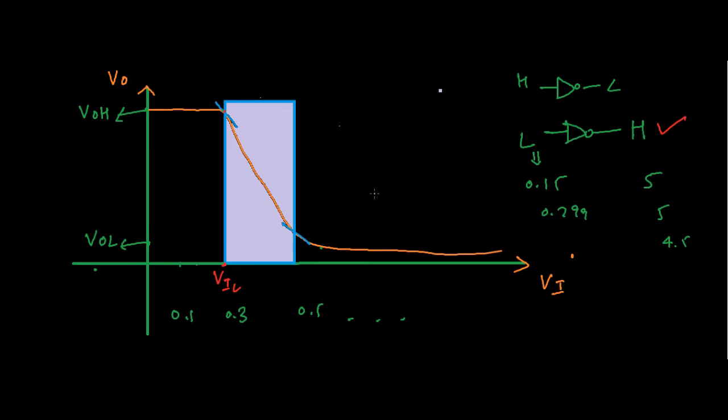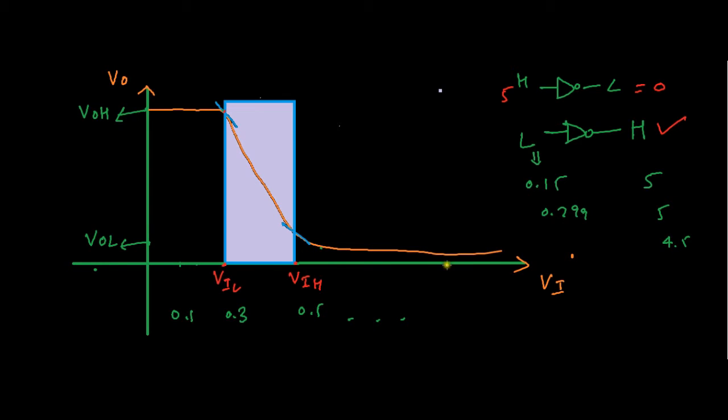And next is VIH. So VIH is the minimum acceptable high level voltage. In case of VIH, what happens? Let's consider this point, VIH. If my input to the inverter is say 5 volt, then my output will be 0.